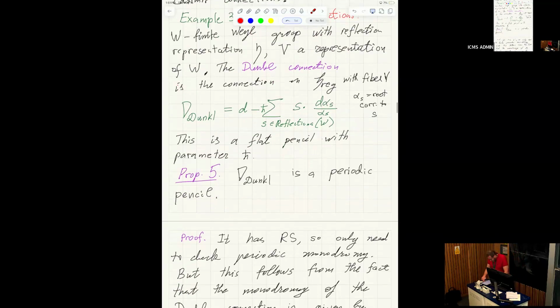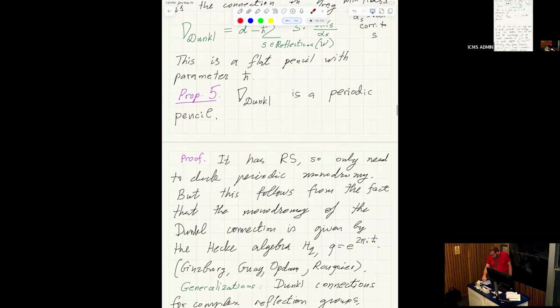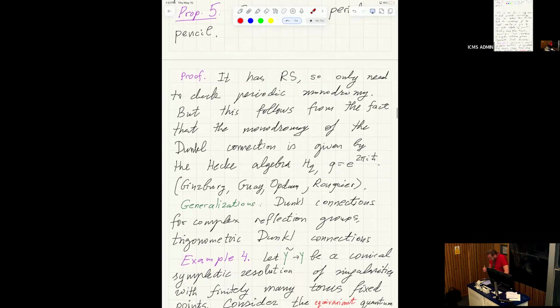But you can prove the fact that this is a periodic pencil even without using Opdam's shift operator, by using the fact that this has regular singularities and monodromy is given by the Hecke algebra. So in this case, it's very easy to show that monodromy, which is a representation of the braid group, is given by the Hecke algebra. And the parameter of the Hecke algebra is exponential of 2 pi i h.